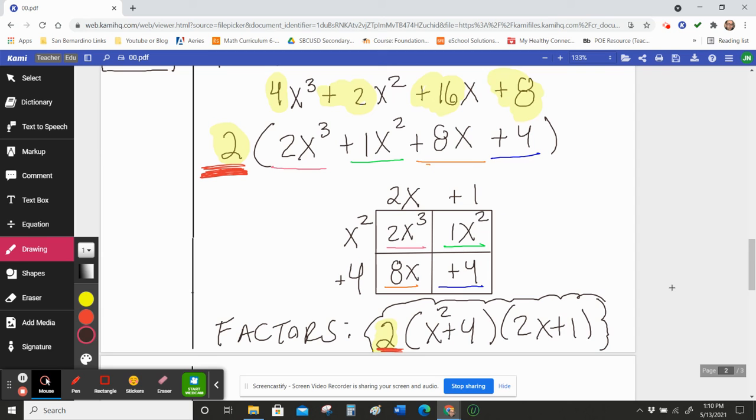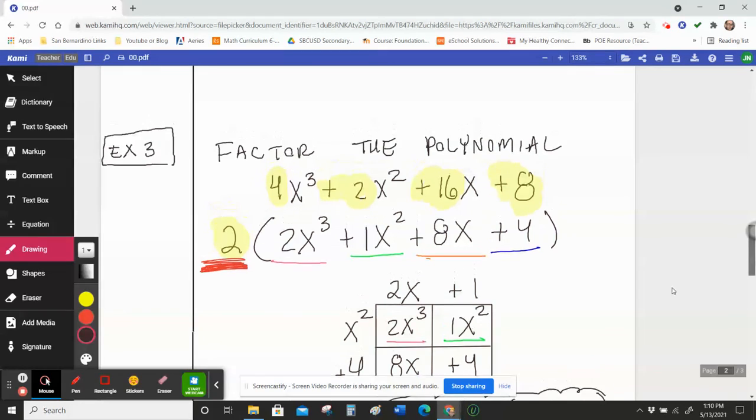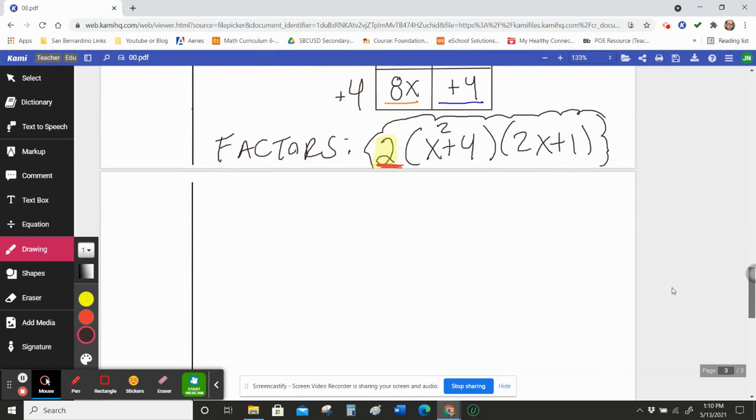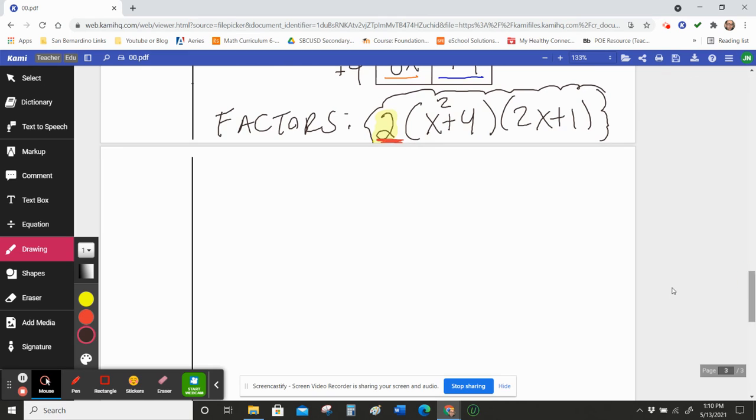Again, it's not a huge deal because all we're doing here is basically multiplication but backwards. So if you want to check your answers when you have your final factors, all you have to do is multiply to see if it makes sense. Any answer that you get for these assignments, you can always check by multiplying them out.